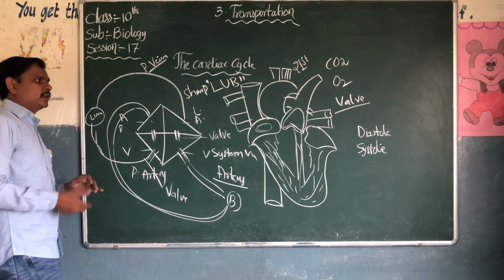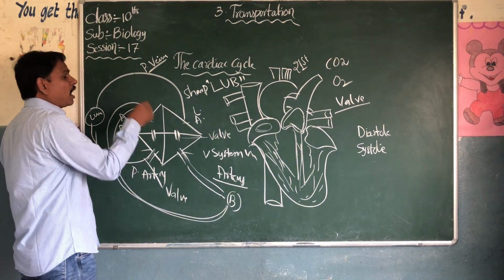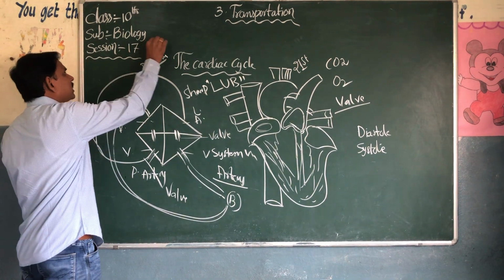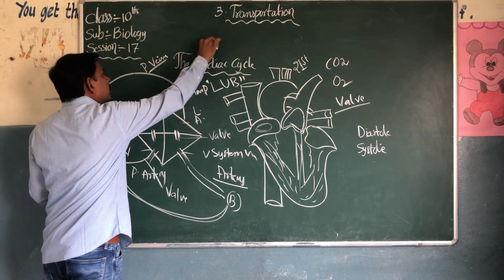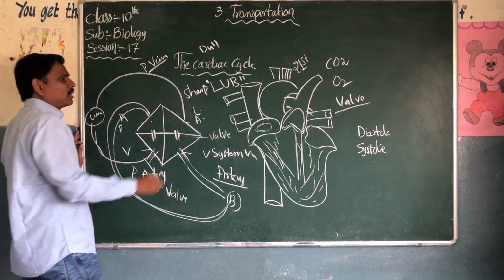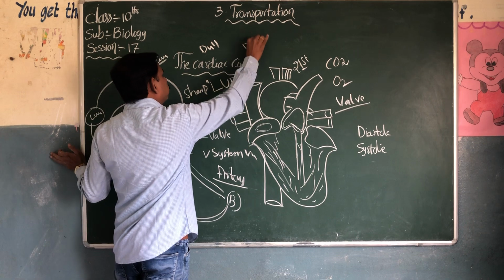So we can hear a not sharp, a dull sound. The dull sound is called dub.